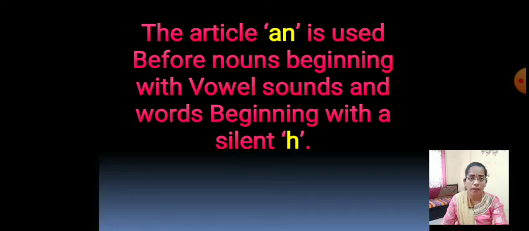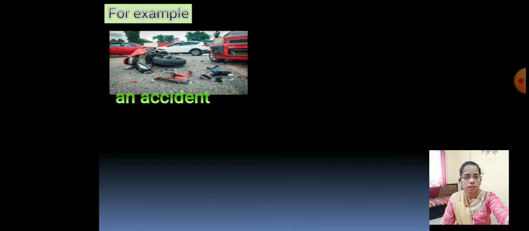Next, when do we use an? The article an is used before nouns beginning with vowel sounds and words beginning with a silent H. It means the words start with vowels: A, E, I, O, U. And one more thing is the silent H. For example, accident.